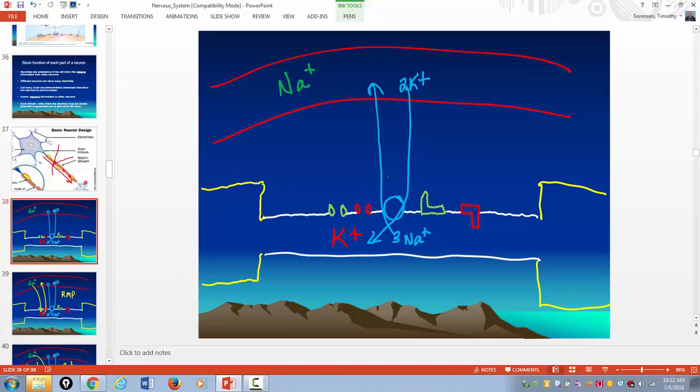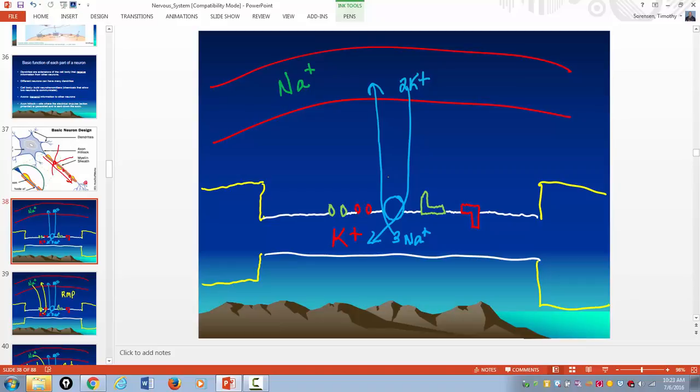My point is that if you understand this, and again, it's not life-changing, it's not rocket science, then you can understand what happens if there are electrolyte disturbances, high or low electrolytes, how it will affect the nerves, how it will affect the heart, how it will affect the brain, and the body in general. So let's go at it.